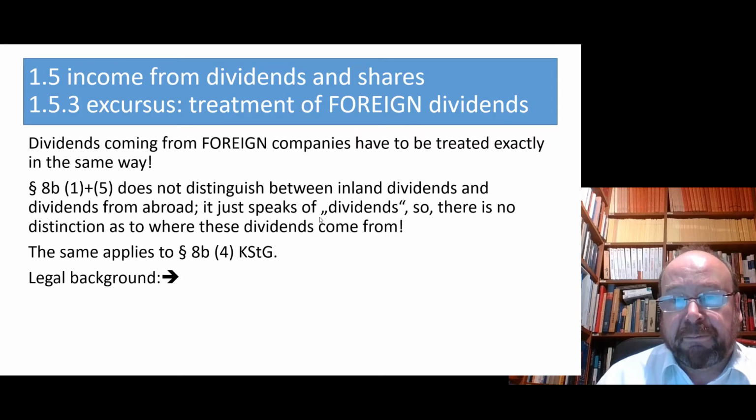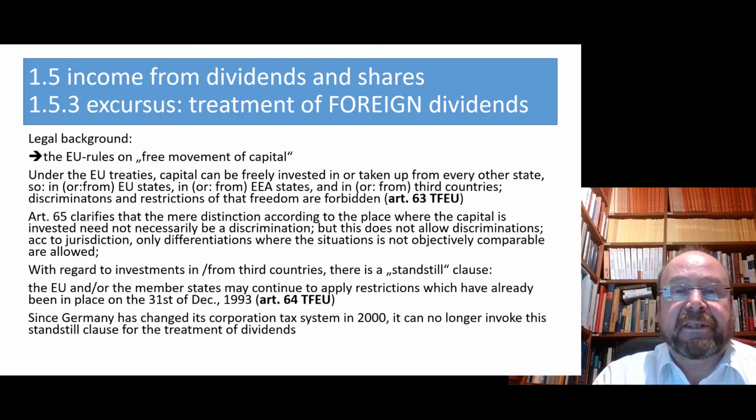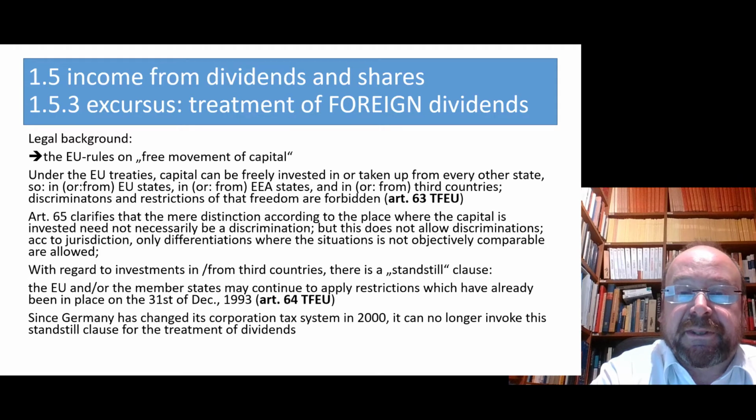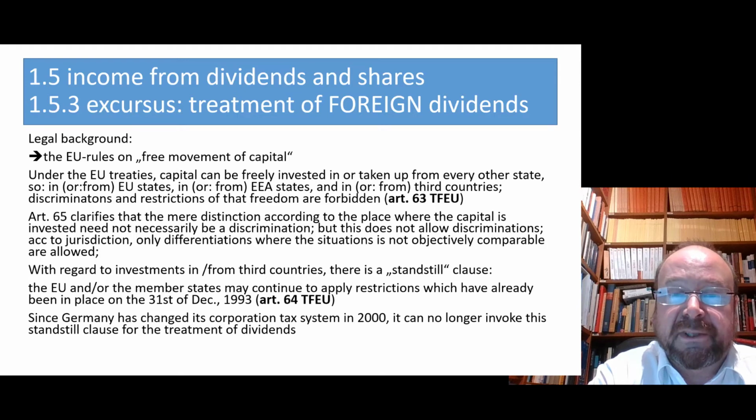That even has an important legal background which you should be familiar with or become familiar with, because the background which forces us to treat dividends from the inland in the same way as dividends from abroad is the EU rules on free movement of capital. Under the European Union treaties, capital can be freely invested in or taken up from every other country.